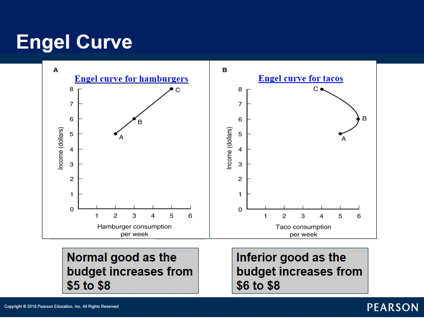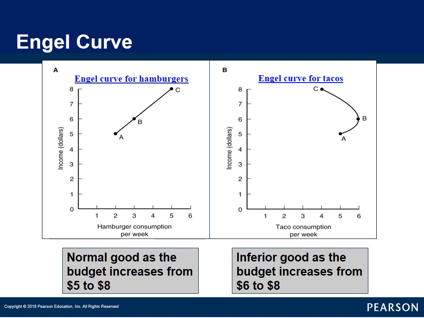We can take the equilibrium points from the previous slide and plot them onto this type of graph, which we call an Engel curve. If you recall, the previous slide showed the number of tacos and the number of hamburgers that would be the consumer equilibrium at various income levels, so within various budgets.